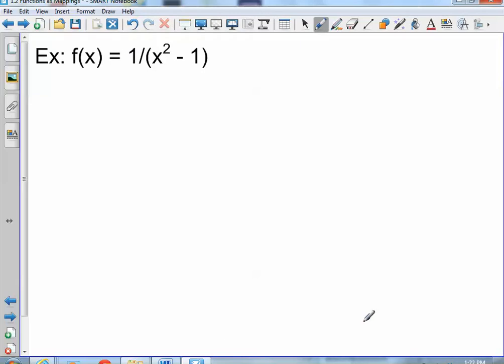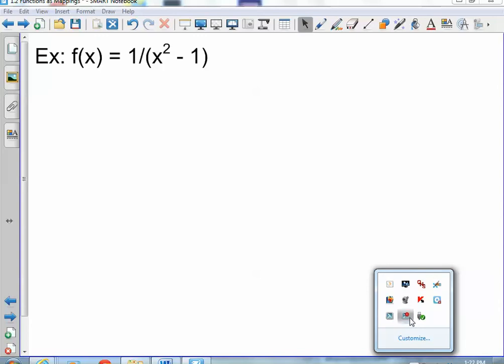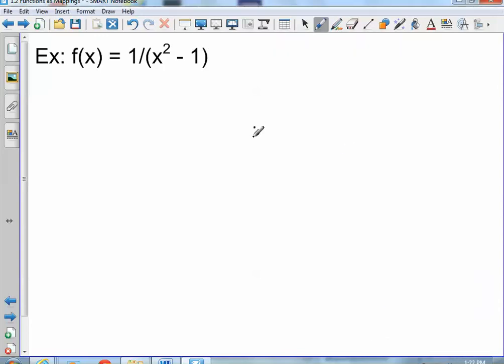Would you take a second and try this one? This is 1 over x squared minus 1. So what do we have to look at here? The bottom. So we know that x squared minus 1 cannot equal 0. How'd you solve it?